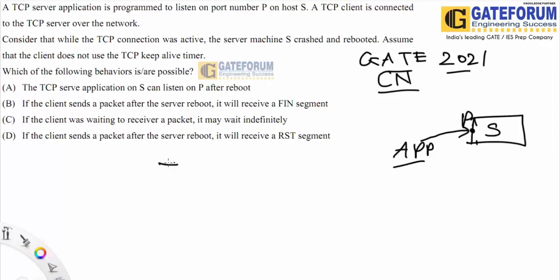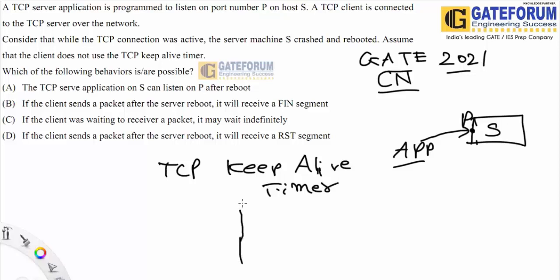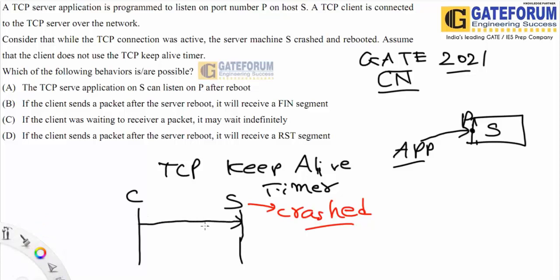First of all, let's identify what we mean by TCP keep alive timer. Whenever we have an interaction between a server and a particular client, if at any point the server crashes, the client keeps this particular timer to recursively send a message to the server to check whether it is active or not.